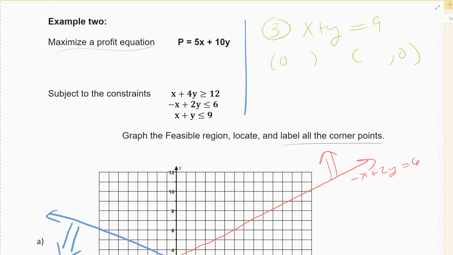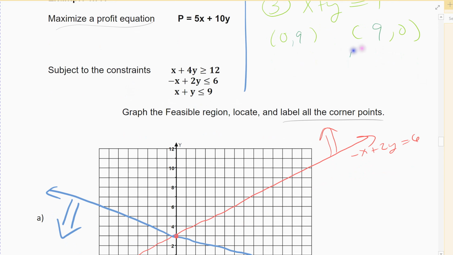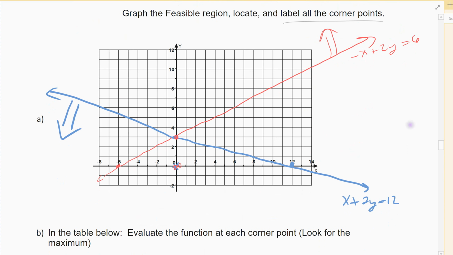I'll do a slightly darker green. Alright, so this one's easy. If I plug 0 in, I get 9 out for both of those. So 0, 9, 9, 0. And then I'll test it after I graph it. Alright, so 9, 0 puts me there. 0, 9 puts me there.